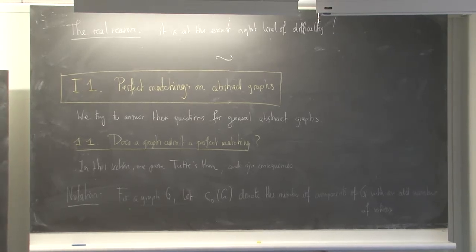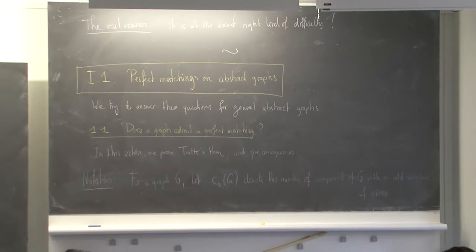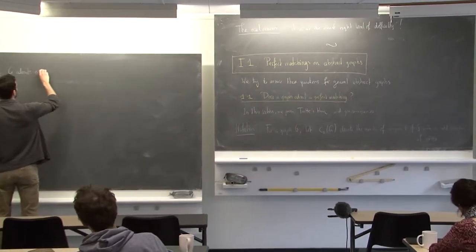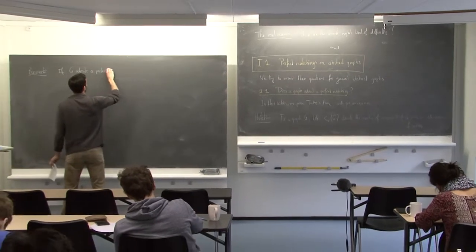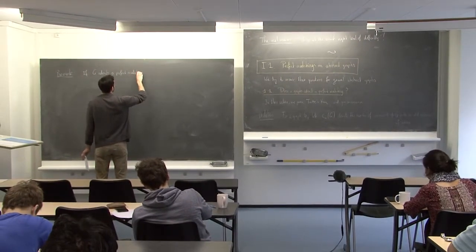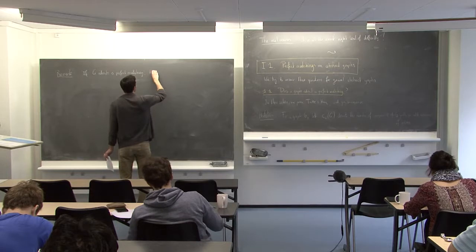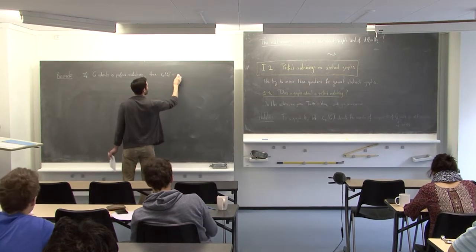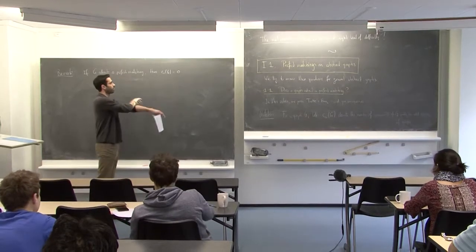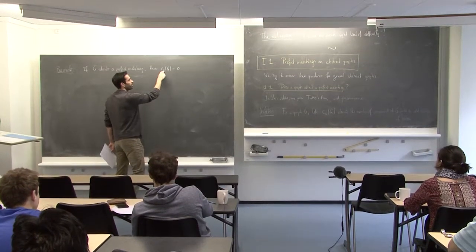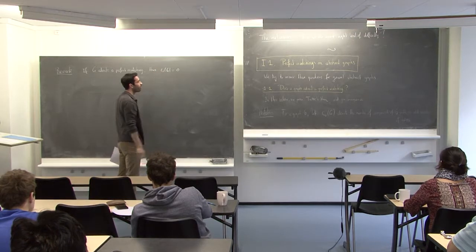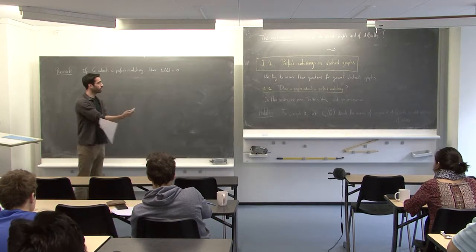So the first remark to make is that if G admits a perfect matching, then CO of G is 0. The little o here is for odd, and C is for components, so the number of odd components of G is equal to 0.